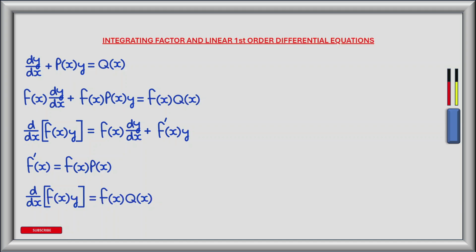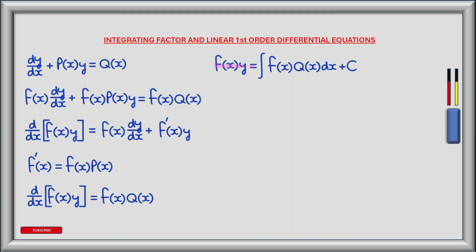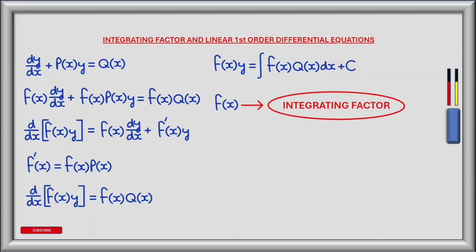We'd then be able to solve this by integrating both sides of the equation to give f of x y is equal to the integral of f of x q of x dx plus a constant of integration c. And this will be the general solution to the differential equation. In this case, the function f of x is known as the integrating factor.